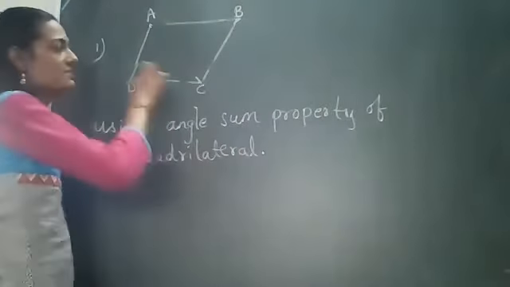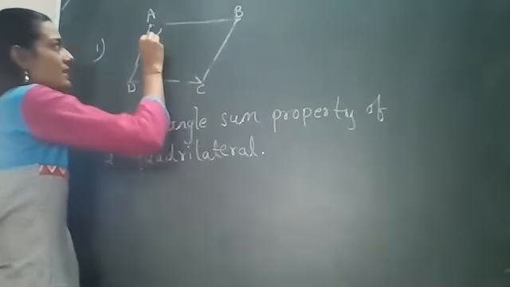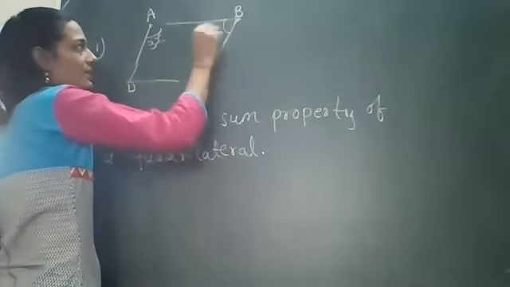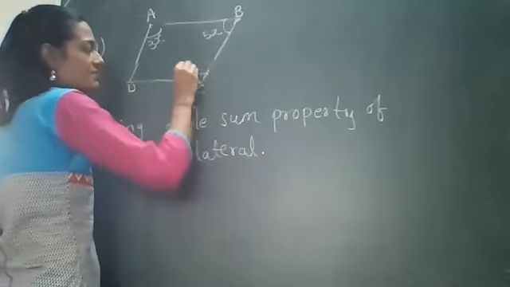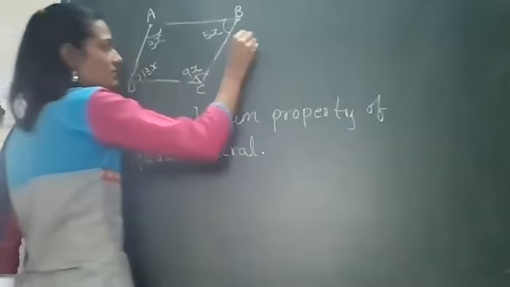So consider that this is a quadrilateral. In that, the ratio is given as 3:5:9:13. So we are considering 3x here, 5x, C is considered as 9x, and this is 13x, because the ratio is given.